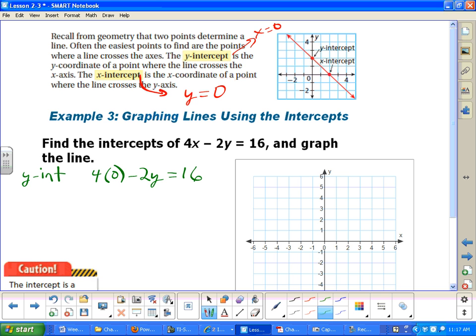Yep, Nolan says we're going to do the slope-intercept form next, and that is correct. Okay. So we divide by -2, and y equals -8. So the y-intercept is at -8.